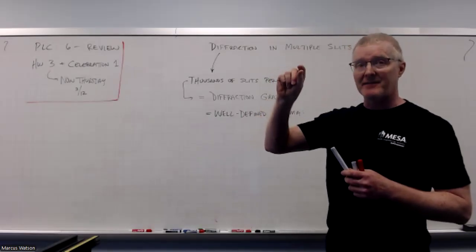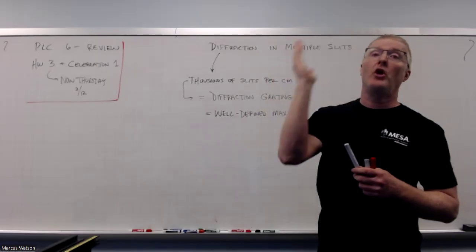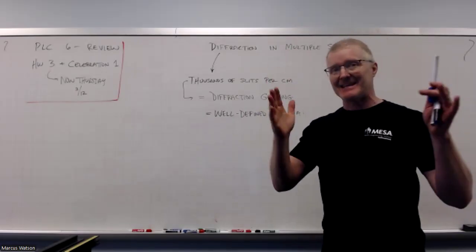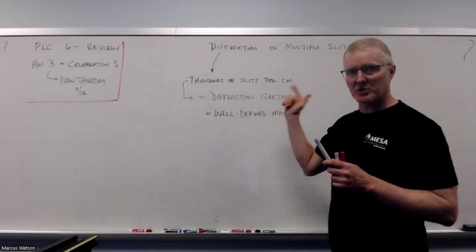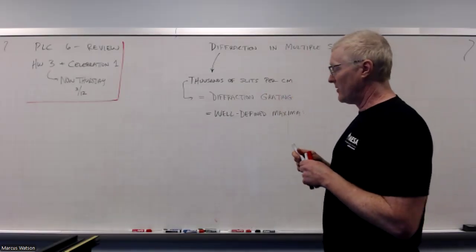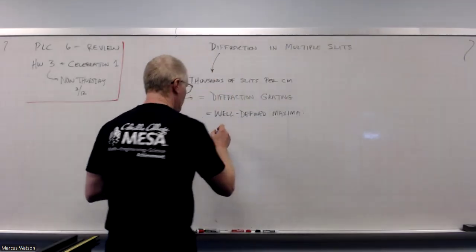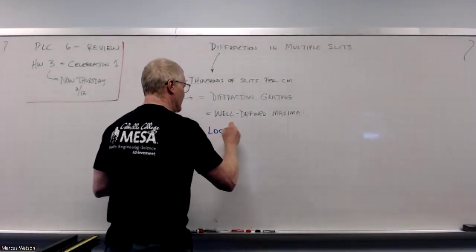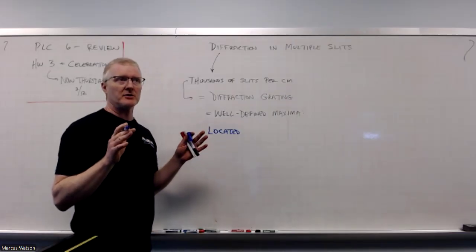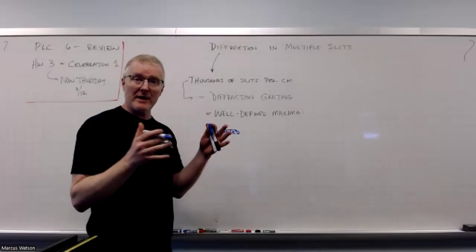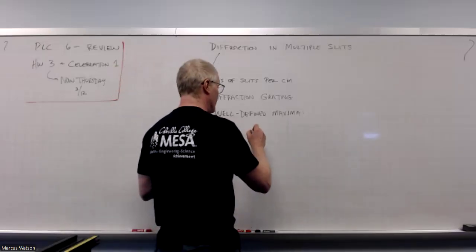As soon as I have that, then they all constructively interfere. That is the condition for constructive interference in the diffraction grating. Okay, now they are going to be located at the same. You can calculate their locations in the same way that you can with the double slit, right?